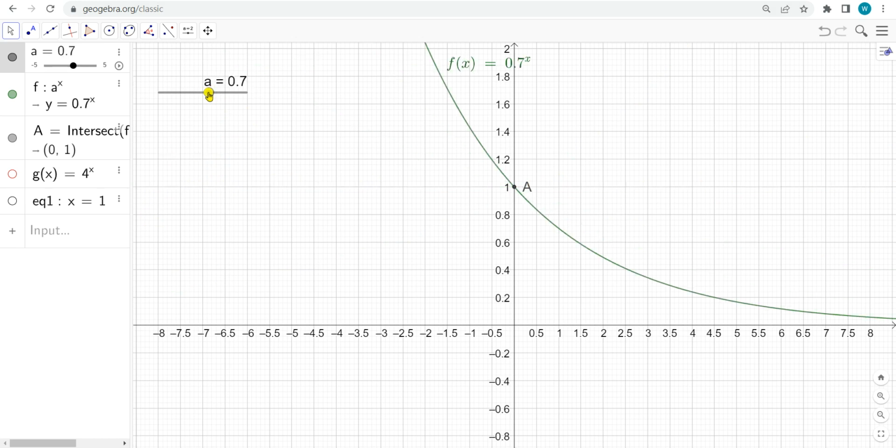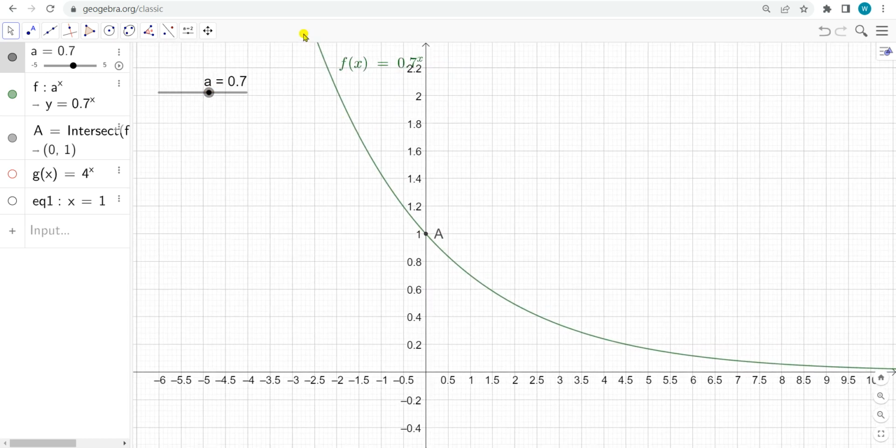For example, when a is 0.7, then you will see that the graph will start moving from left-hand side to right-hand side, moving downward, okay, with a downward trend. Why? Because when x increases, as the base lies between 0 and 1, the value will be decreasing.